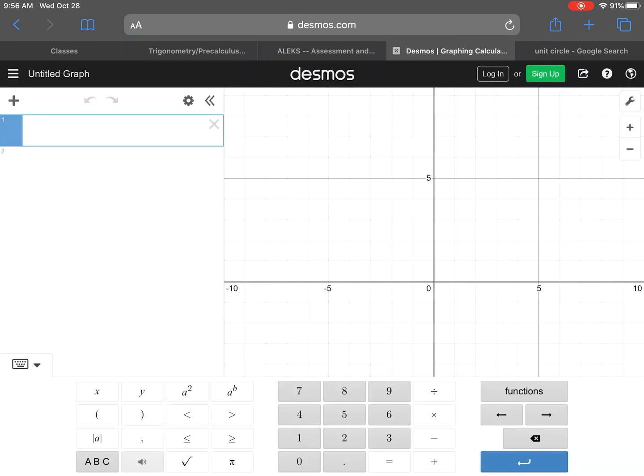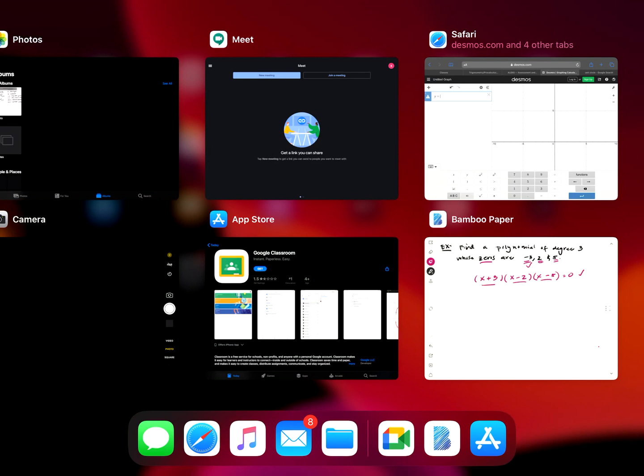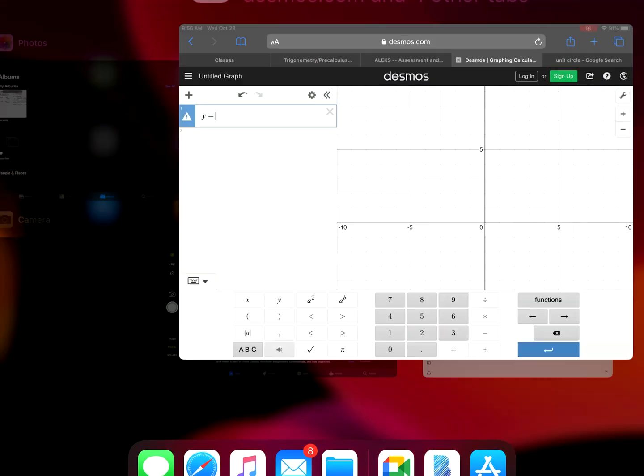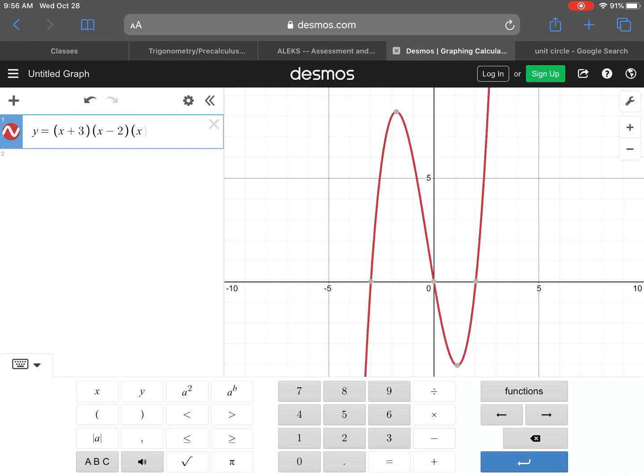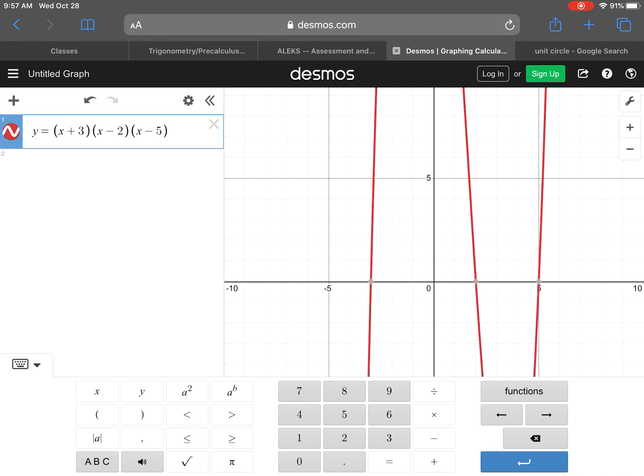So let's say that y equals, and then we said that we had, just go back here, x plus 3, x minus 2, x minus 5.